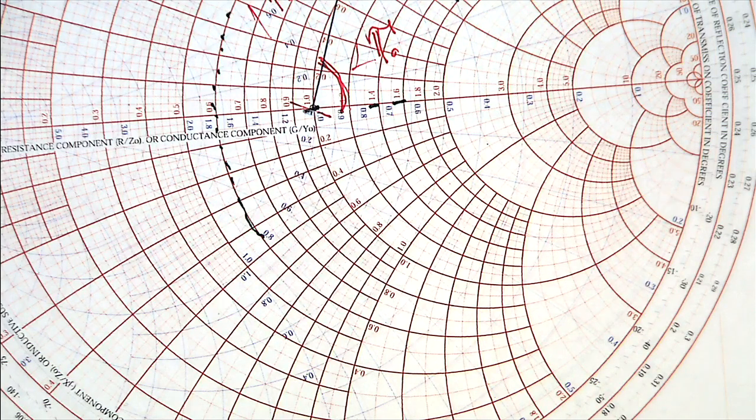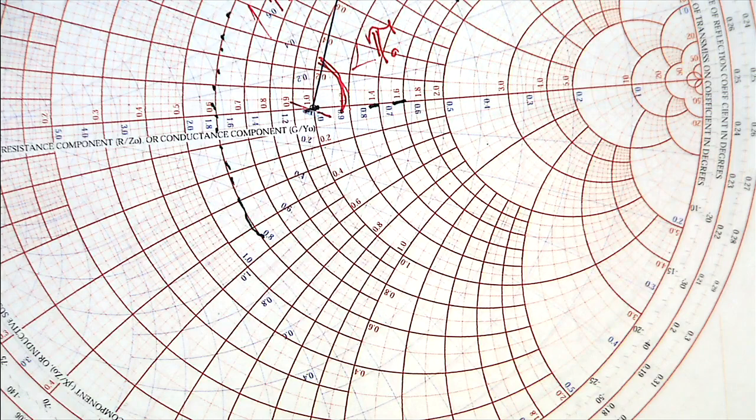You just look at the point, and it shows both Z in and Y in. Now I have two Smith charts on one graph. One of them is the Z Smith chart, one of them is the Y Smith chart, and the Y Smith chart is exactly the 180 degree phase shift of the Z Smith chart. So instead of rotating the point, I just rotate another Smith chart and put it there.